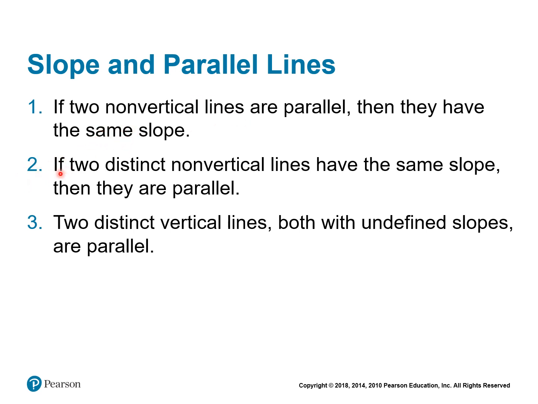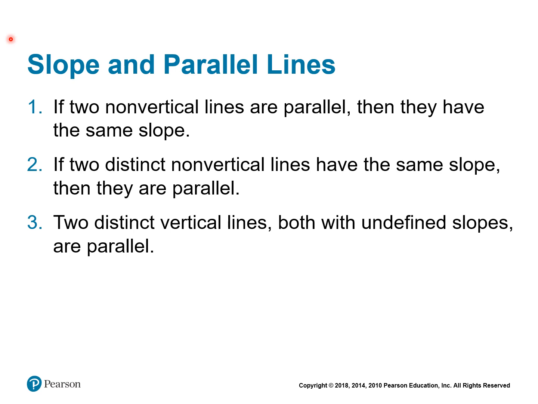Conversely, number 2 says if two distinct non-vertical lines have the same slope, then they are parallel. All right. So if we are told that two lines are parallel, we can conclude that their slopes are equal. Their slopes are the same. If line 1 has a slope of 3, then line 2 will also have a slope of 3.